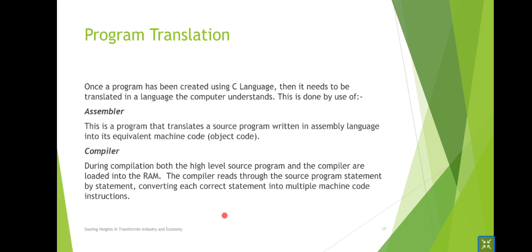Compilation is just converting from the source code, the program that you have written, into an executable format, a format that can be executed. So it's converting from a source program into the executable program. Executable program is the one that can run.